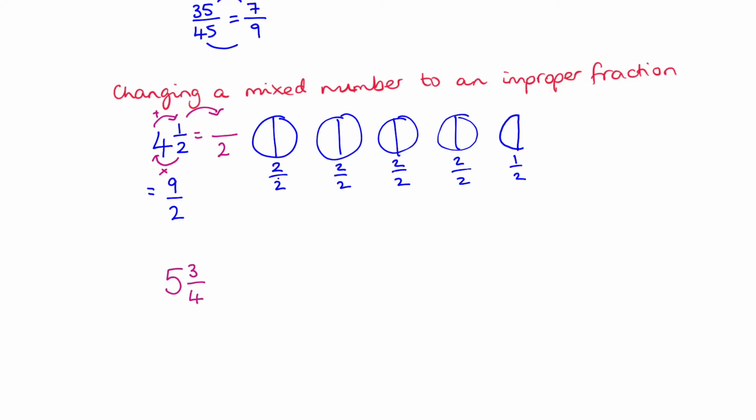So remember what our system is. We're going to do 4 times 5, then add 3, and we're going to put the number on the top of our fraction, and we're going to leave the bottom number of the fraction exactly the same. So 4 times 5 is 20, add 3 is 23, and that goes on the top. So 5 and 3/4 is exactly the same size as 23 over 4.